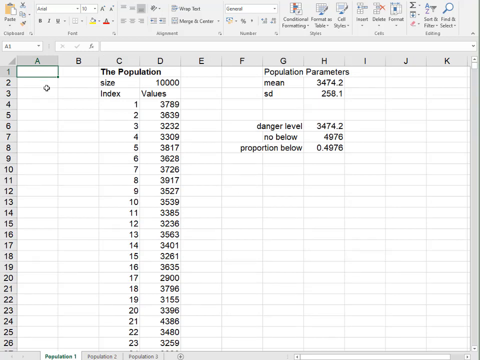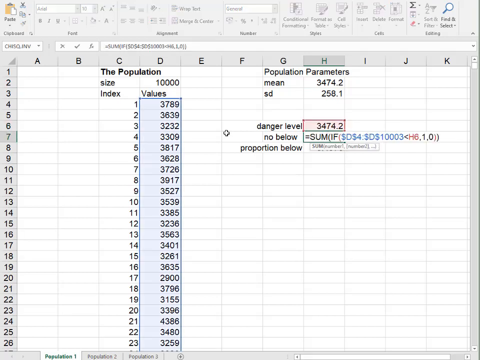And here we've worked out that the mean of this, we're just finding the mean of the whole data set, is 3,474. Standard deviation again is that, so it gives us an idea of the spread. And at the moment I set the danger level to 3,474 parts per million, and this is just counting up how many of these are less than that danger level.